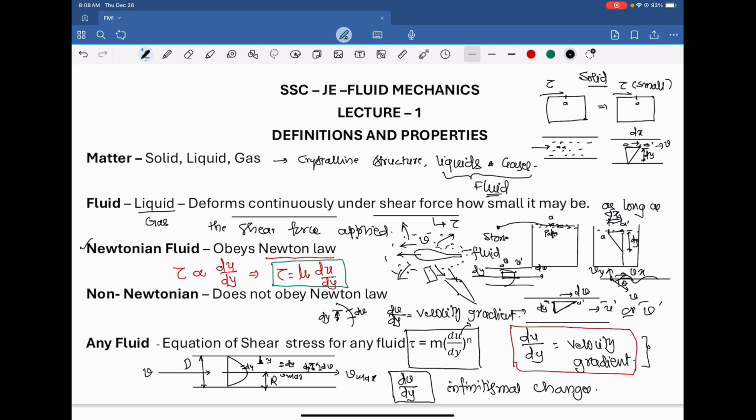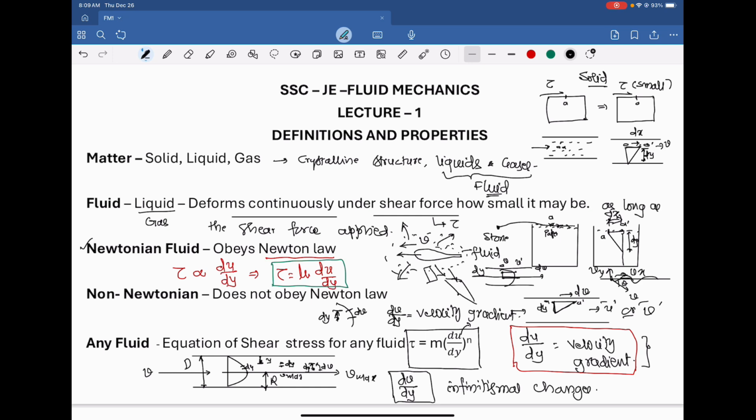Mainly, from an engineering practical point of view, a solid is a matter in which a small shear force doesn't make a visible or practically relevant deformation, whereas for liquids and gases, however small a shear force may be, it will cause them to deform continuously as long as the shear force is applied.